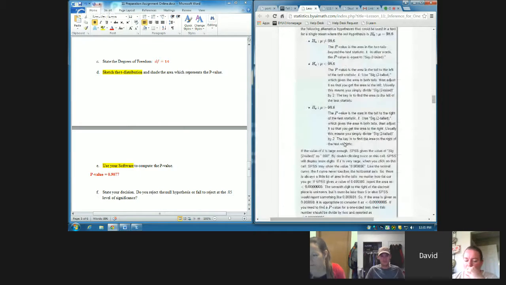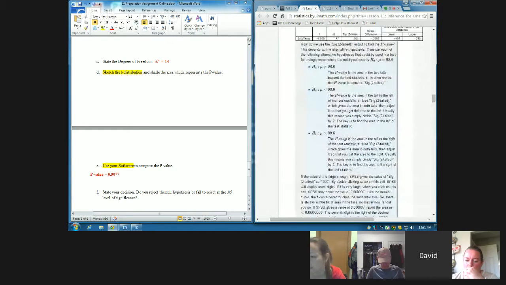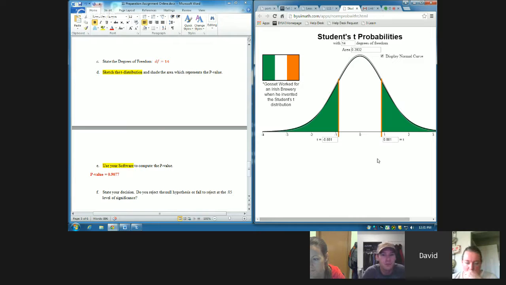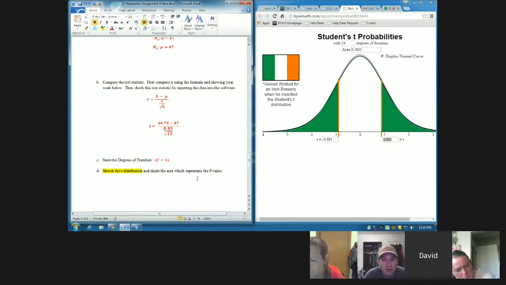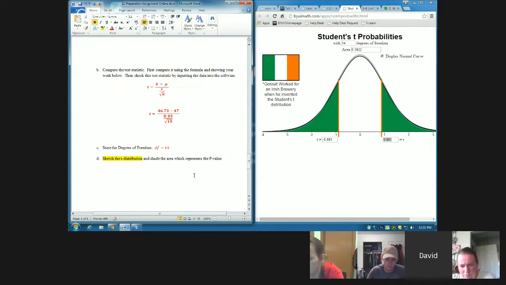It has to do with when you set up the hypothesis, whether it is two-tailed, right-tailed, or left-tailed. If we're looking for greater, then we would shade one side. If we were looking for less, we would shade the other side. Okay, and then down here on the T part, is that oh, I didn't.